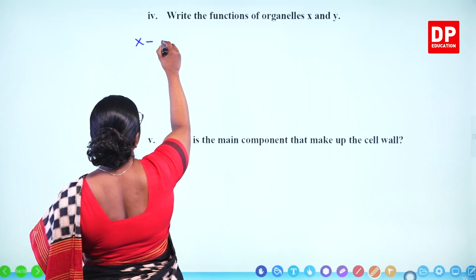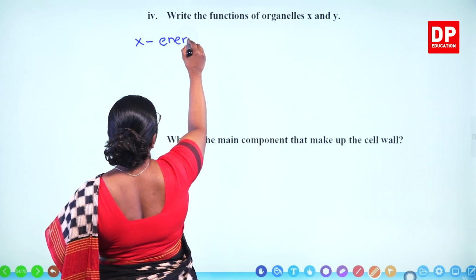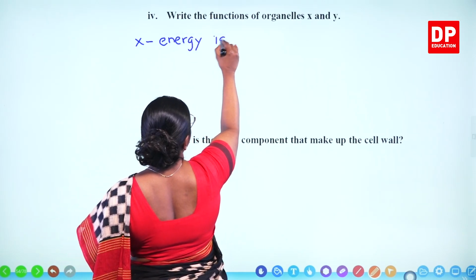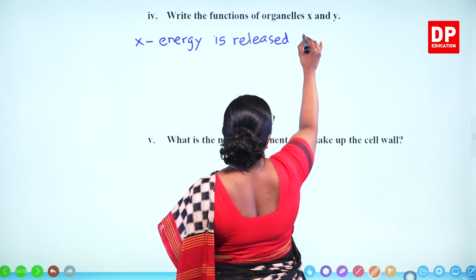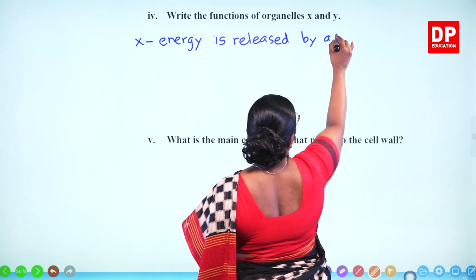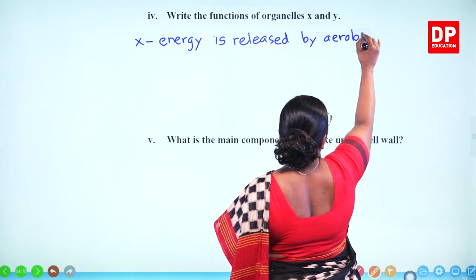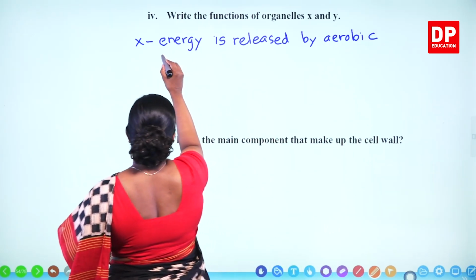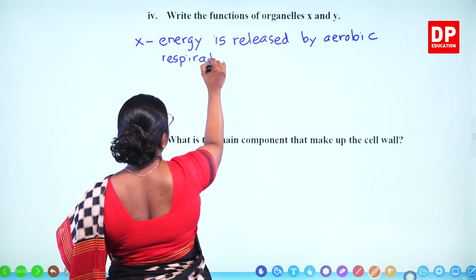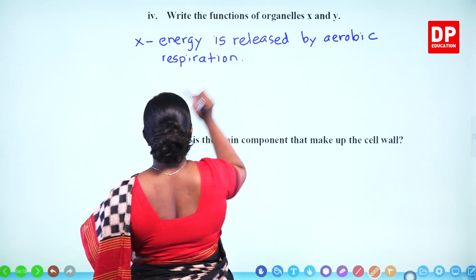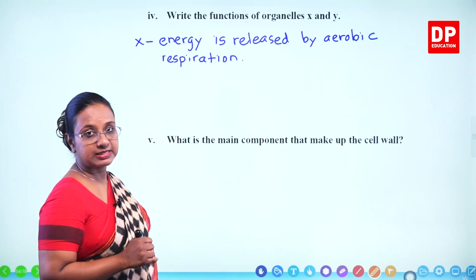So here we can say energy is released by aerobic respiration. That is the function of X.